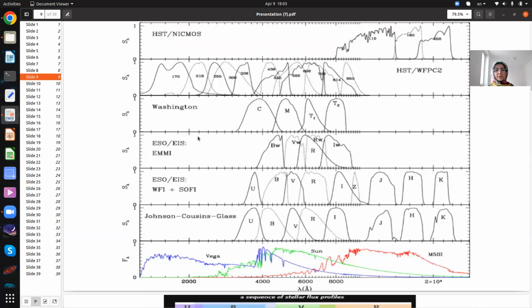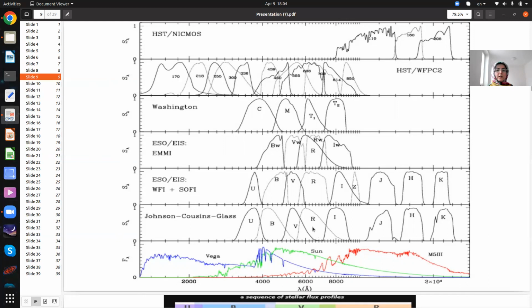And here you see different kinds of filters, photometric systems. For example, if we want to see where H alpha is in different photometric systems, here we have H alpha, and we search among different photometric systems.